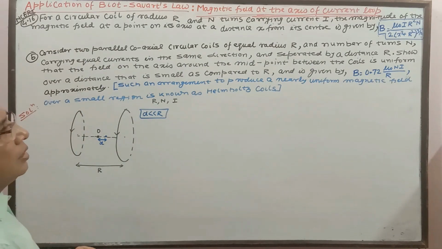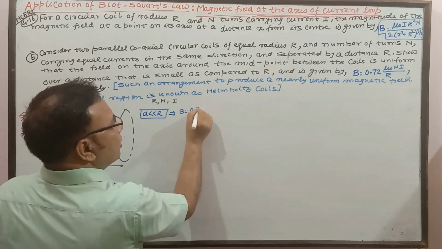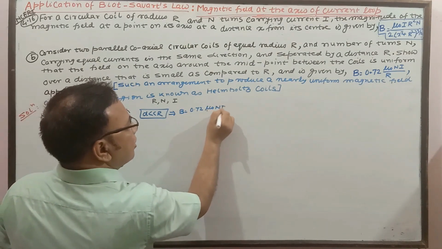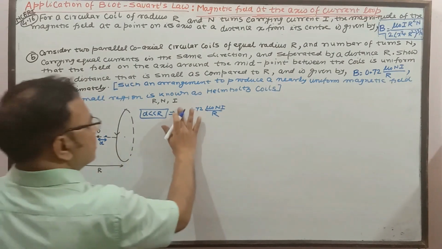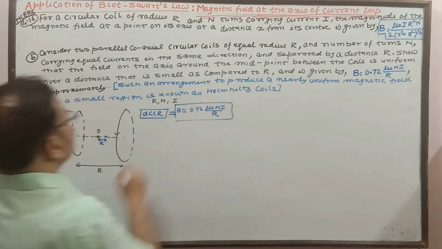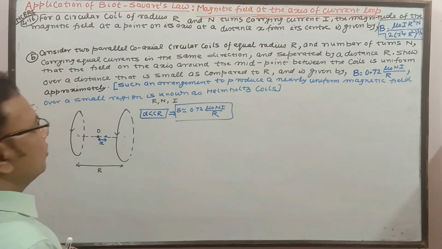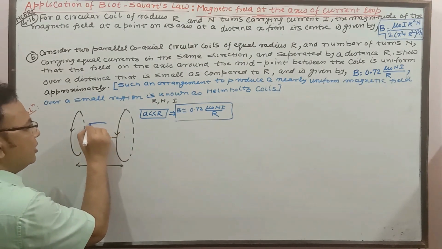And the field is around B equal to 0.72 mu naught N I divided by R, approximately. This is the approximate value after calculation. So this is what we have to prove. Such an arrangement to produce a nearly uniform field over a small region is called a Helmholtz coil.